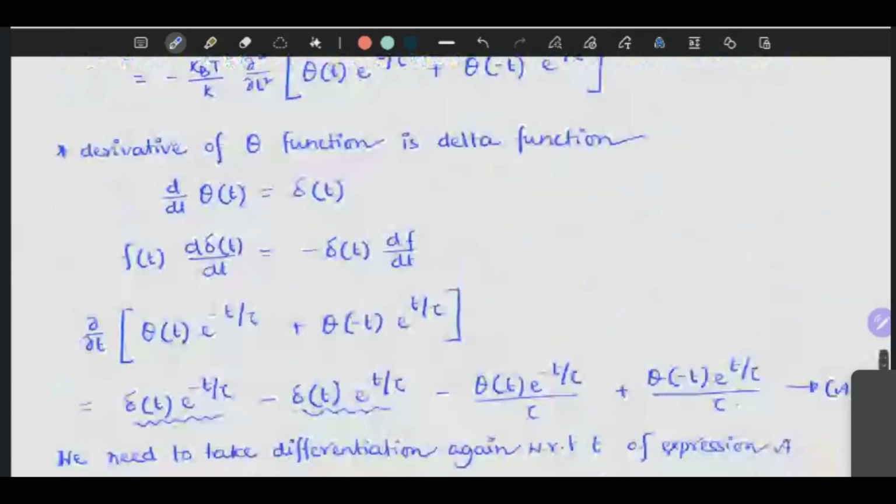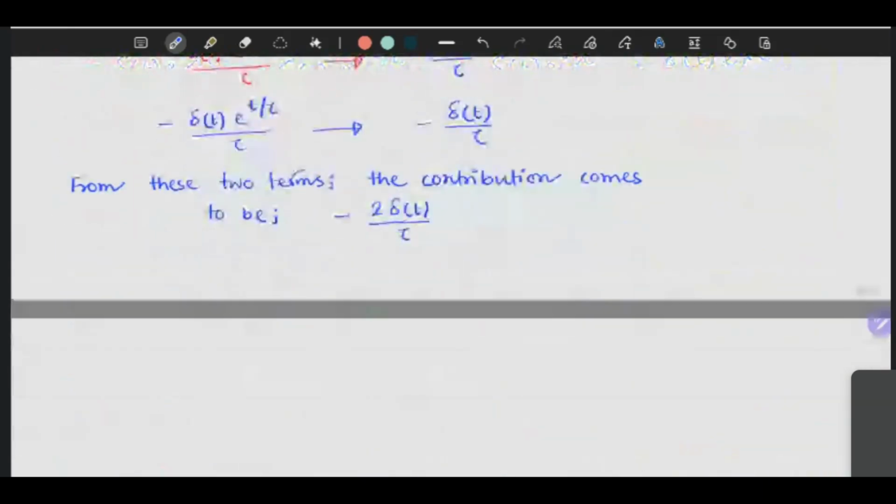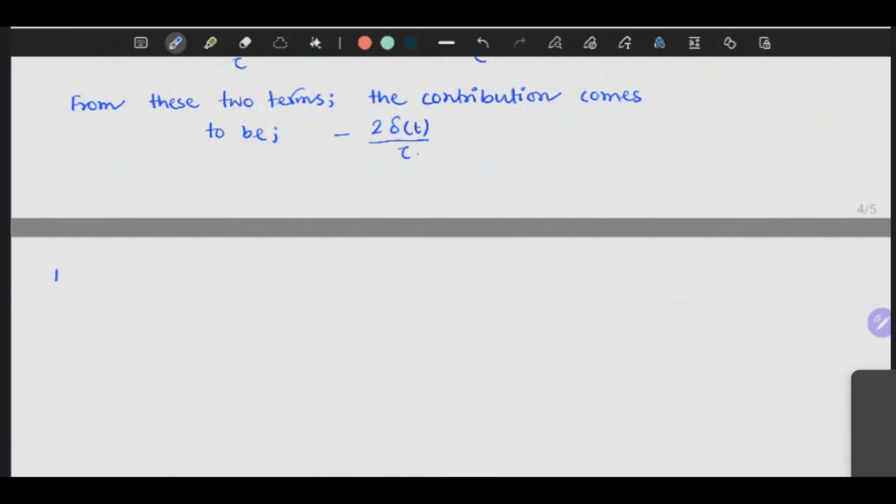Now you have to multiply with minus kbt by k. So minus kbt by k into minus 2 delta t by tau, that makes it, tau is gamma by k, so kbt by k into k by gamma into 2 delta t.